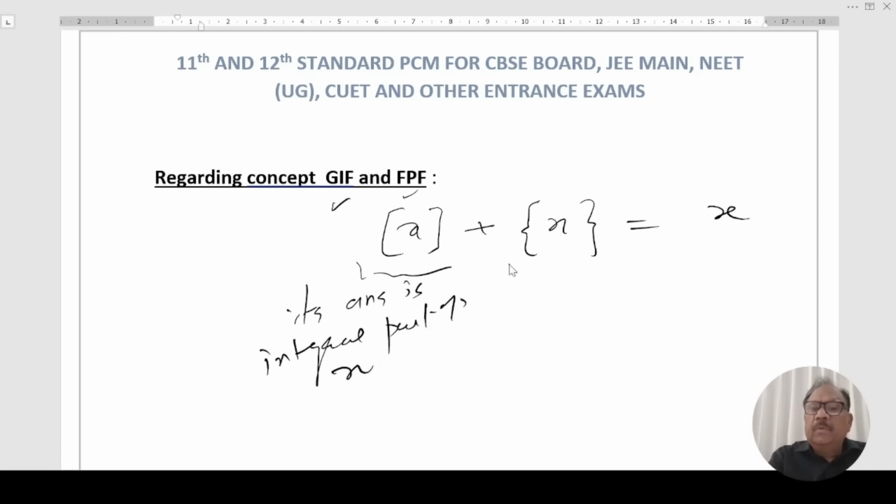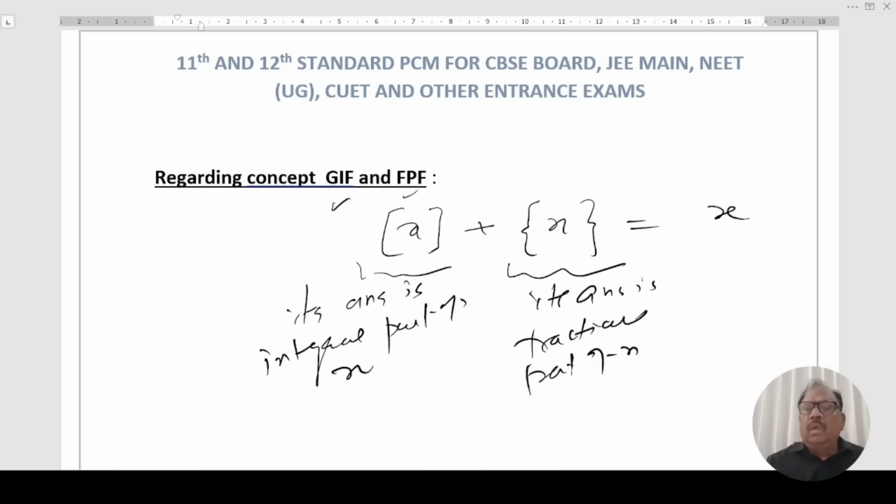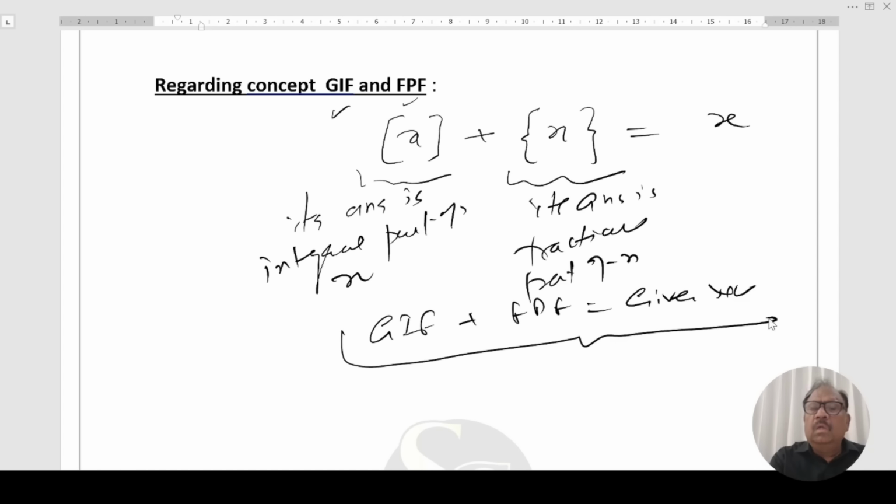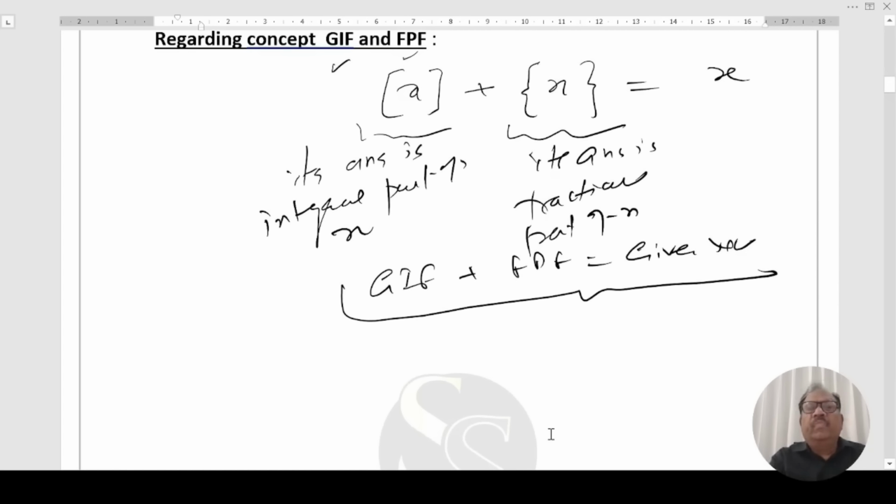The fractional part function has as its answer the fractional part of x. And the sum of the greatest integer function plus the fractional part function is equal to the given number. Right?